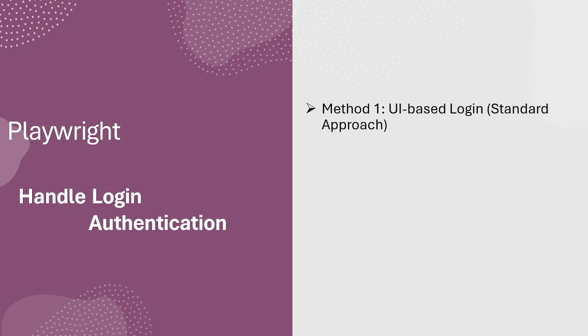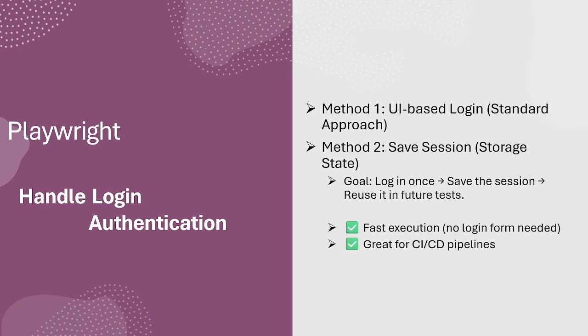Method 1: UI-based login, the standard approach. Method 2: save session storage state. Log in once, save the session, and reuse it in further tests. Fast execution, no login form needed, great for CI/CD pipelines.